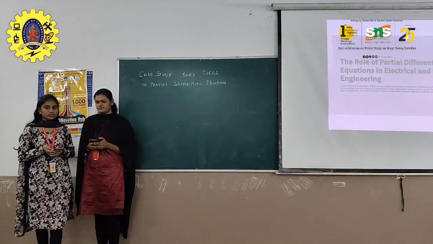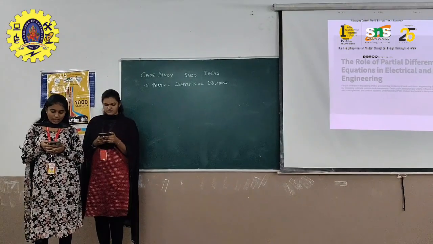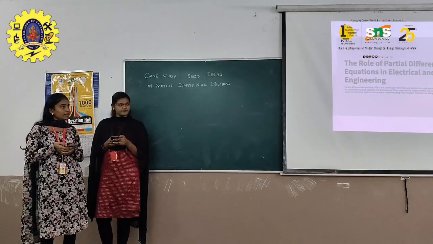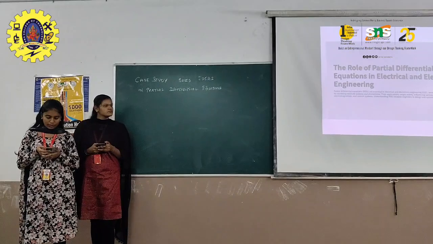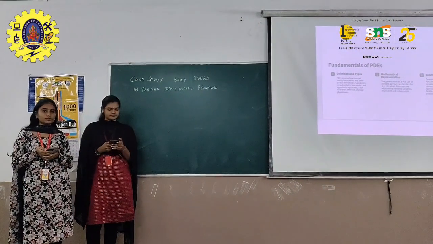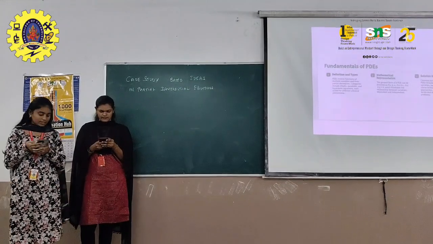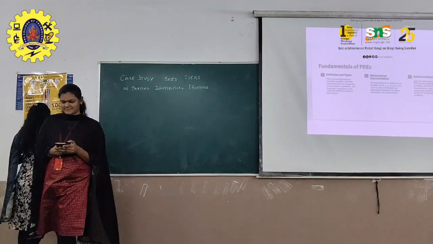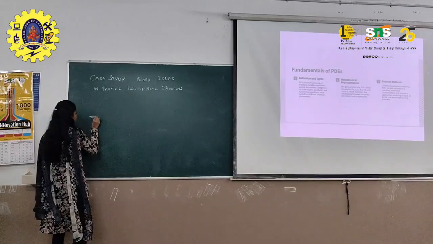I am Shruti from the PDE department, and I am going to explain the definition and types of partial derivatives. First of all, the definition: they are used for functions with many variables.